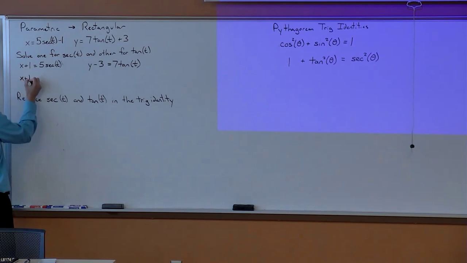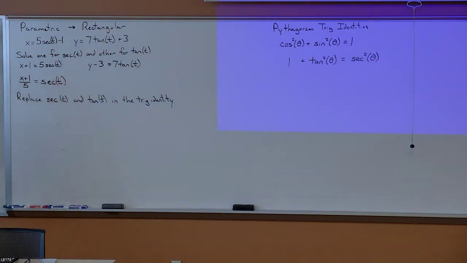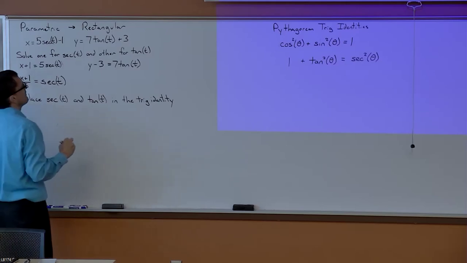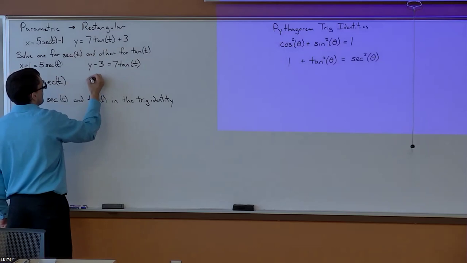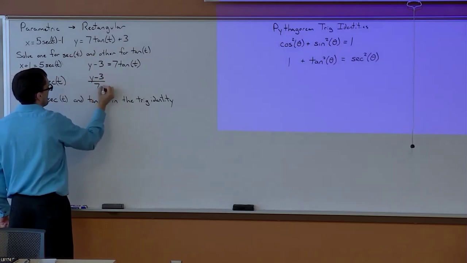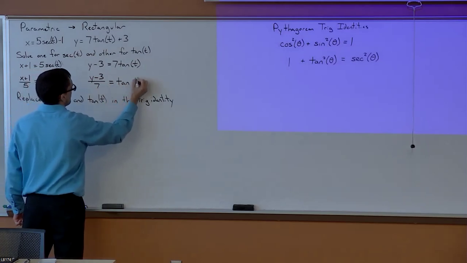And I'd come up with x plus 1 over 5 is equal to the secant of t. For the y version, I'd subtract 3 from both sides, and then I'd divide by 7. And I'd get y minus 3 divided by 7 is equal to tangent of t.